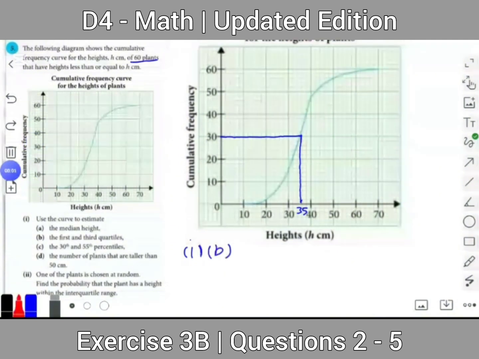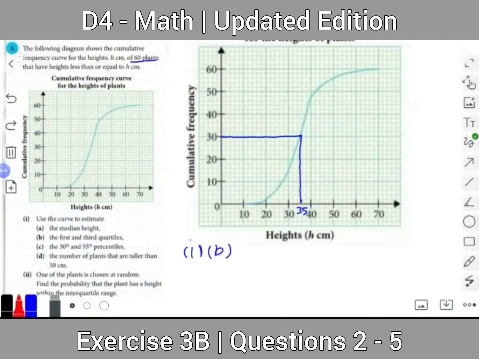On the part 1B, use the curve to estimate the first and the third quartiles. So to estimate the lower quartile or the first quartile from the cumulative frequency curve, we find the position of the lower quartile by using n over 4, and it will be equal to 60 over 4.